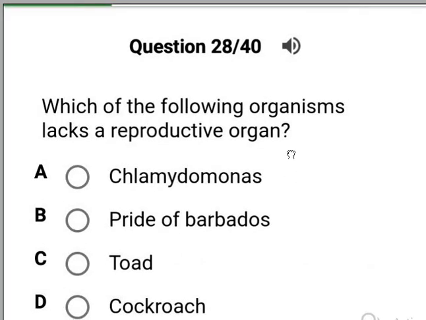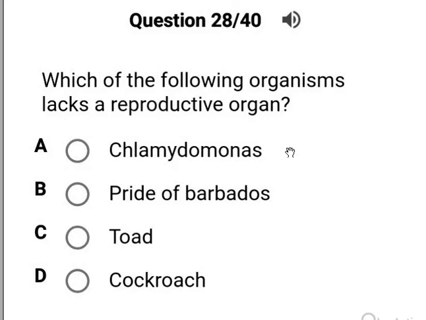Next, question 28. Which of the following organisms lack reproductive organs? A. Chlamydomonas, B. frog of the barbadons, C. toad, D. cockroach. The correct option here is Chlamydomonas.